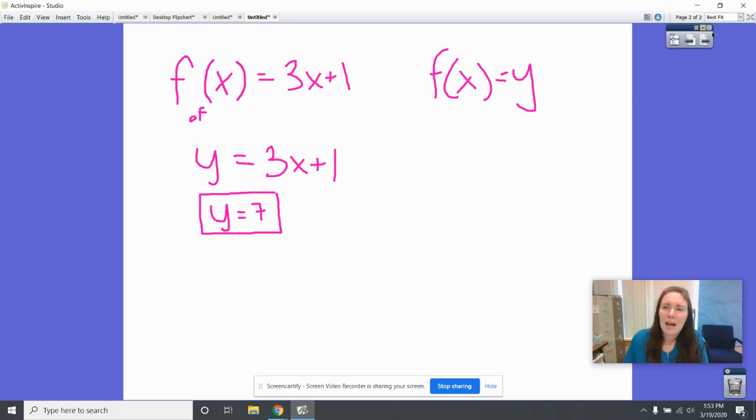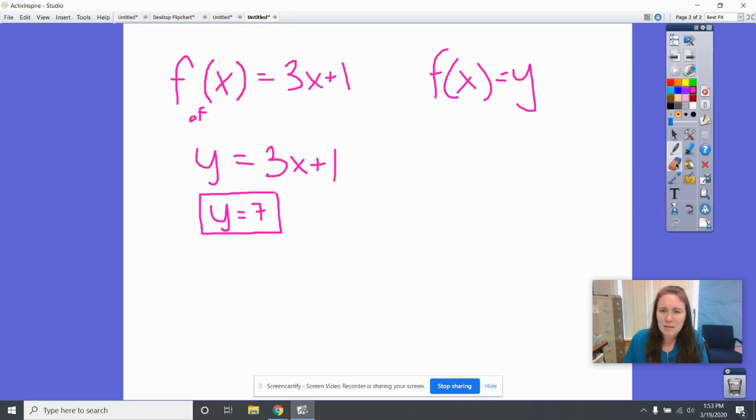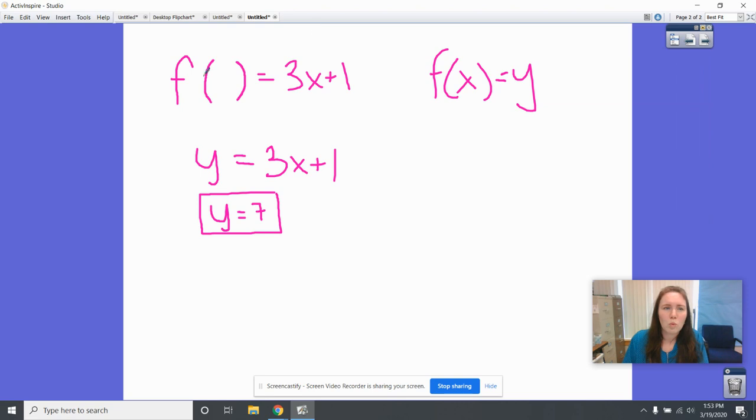But when we have f of x, go ahead and just erase this. When we have f of x, whenever we're trying to solve for something, we put that number right here. So f of 2 equals 3 times 2 plus 1. Same as before, 3 times 2 is 6 plus 1 is 7.